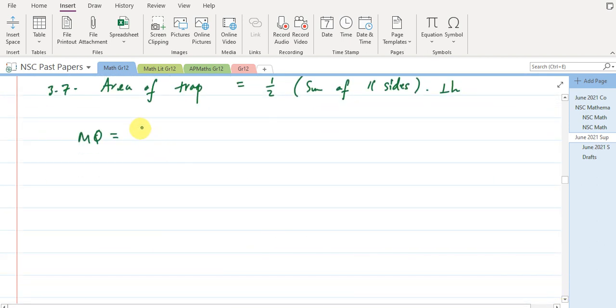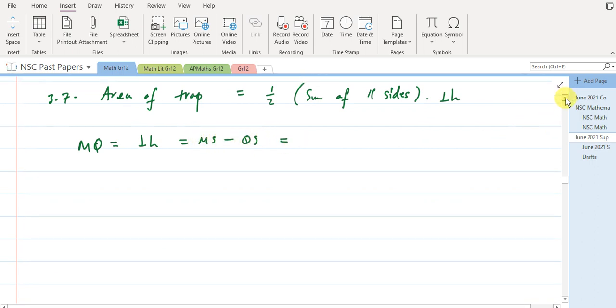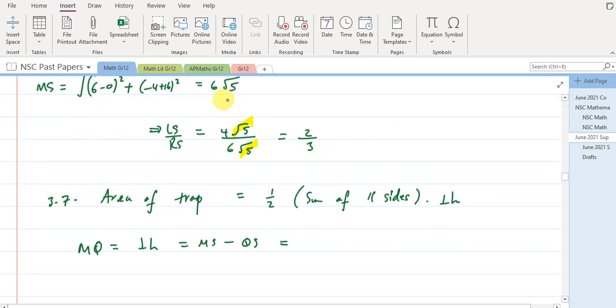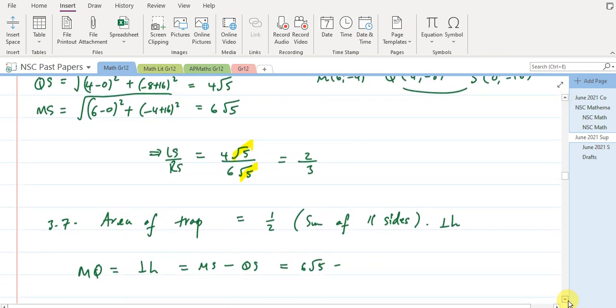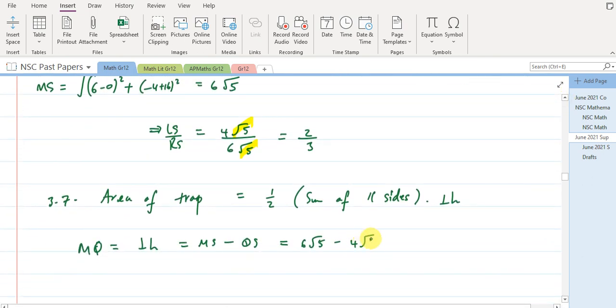MQ is the perpendicular height, which is MS minus QS. We found MS, 6 root 5, minus 4 root 5. QS is 4 root 5. So that will give us 2 root 5, like terms.